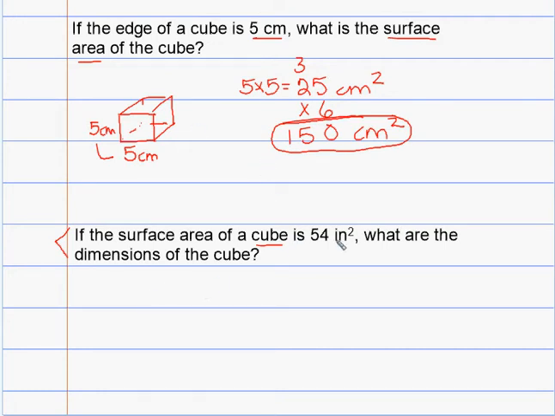We know that we need to find the dimensions of one of the faces, and that those will be the same because it's a cube. 54 inches squared would be the product of all 6 of the areas together. So we would divide 54 by 6 to get the area of one face.